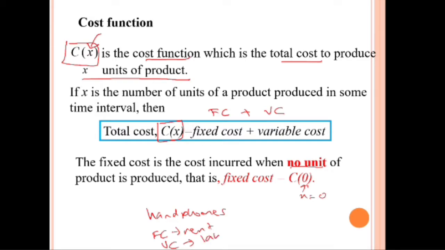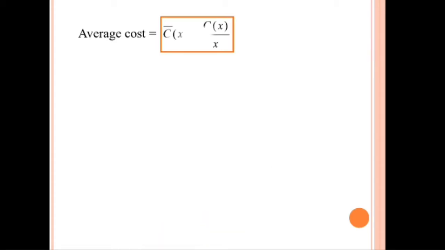For example, the labor or the salary of the workers, because to produce more handphones, maybe you need more workers. But no matter how many handphones the factory is producing, the factory still has to pay the same amount of rent.